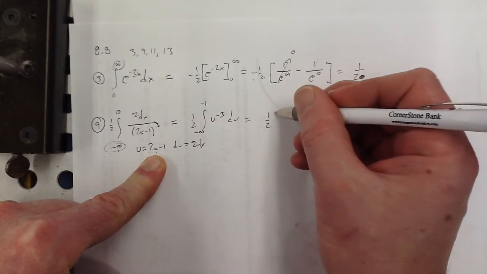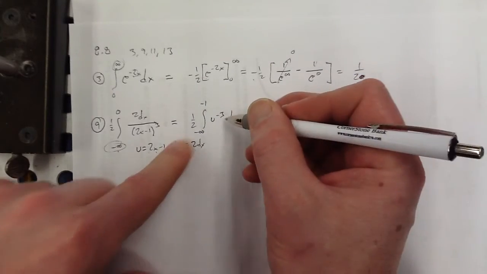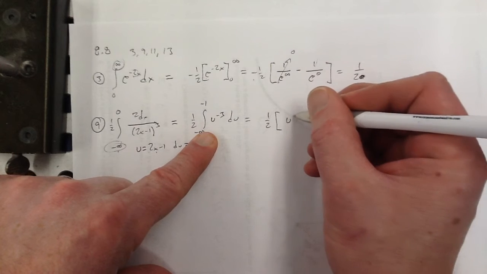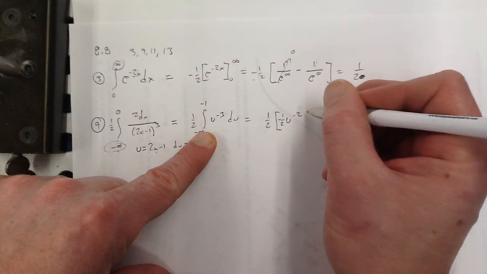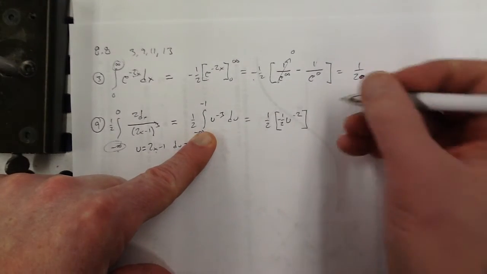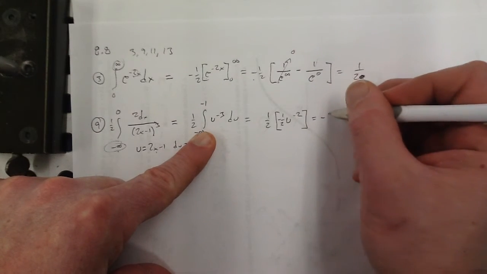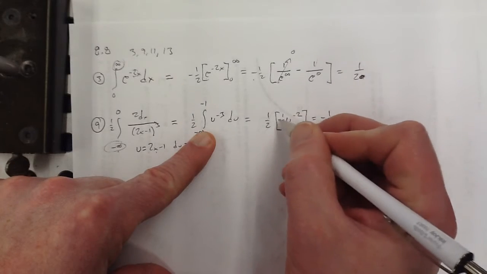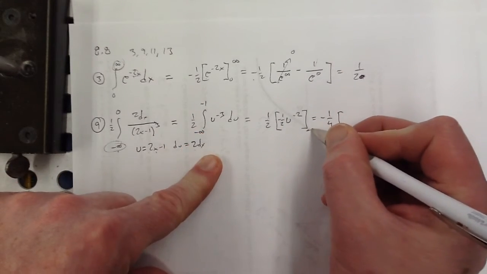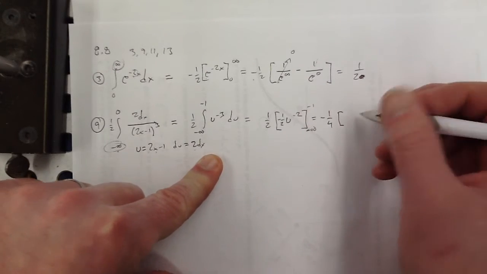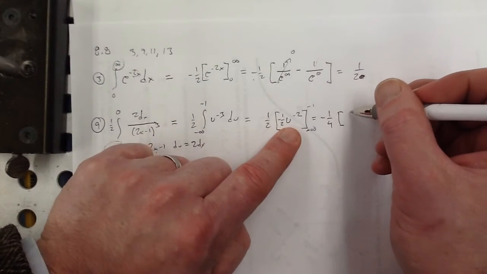Antiderivative of u to the negative 3: bump the exponent up by 1 and divide by the new exponent. So that gives me negative 1/4, going to bring that to the outside, and then I just have u to the negative 2. So u to the negative 2 is 1 over u squared.